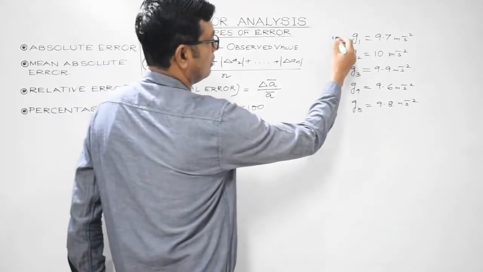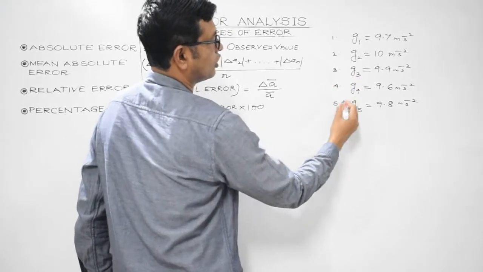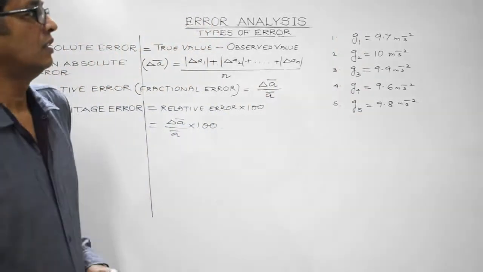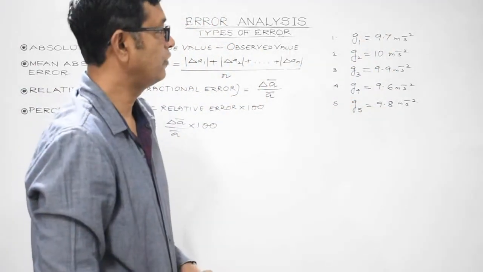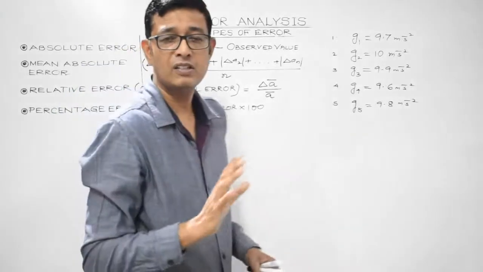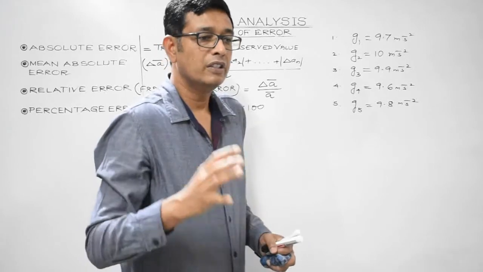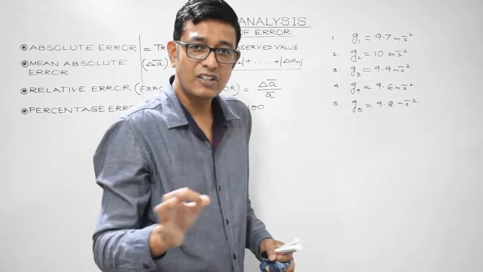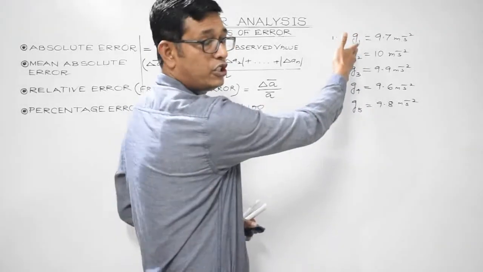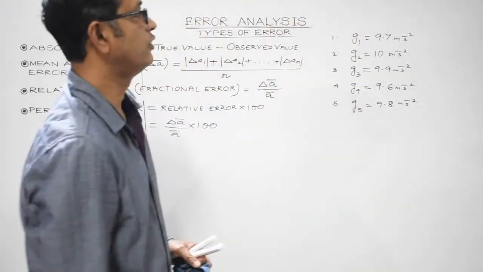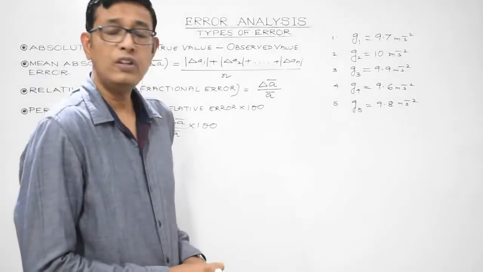These are the 5 sets of observations where the value of small g is found to be as written on the board: g1, g2, g3, g4, g5. I repeat, in an experiment of simple pendulum, the observed values of acceleration due to gravity in 5 different observations are found to be g1, g2, g3, g4 and g5.